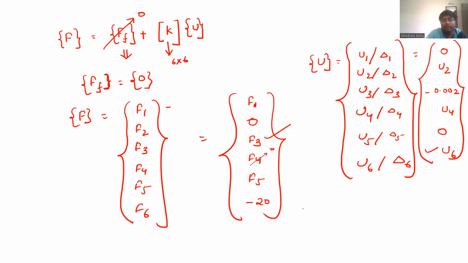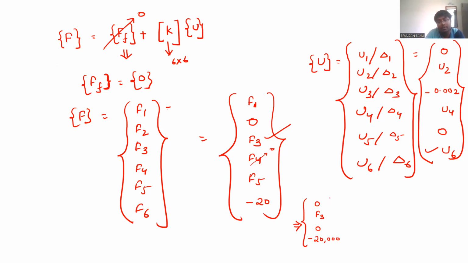Now from that whole equation you can take out your unknowns, whatever you need. I am writing it: 0, F3, 0, minus 20,000 Newton meter. I am doing it in Newton meter.